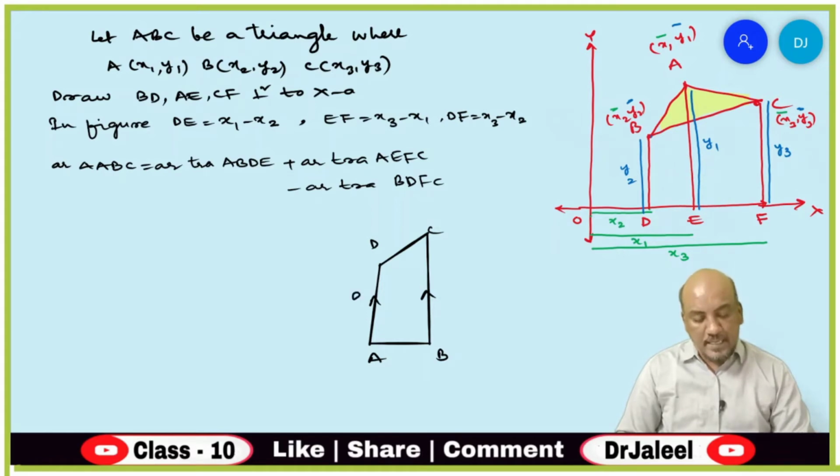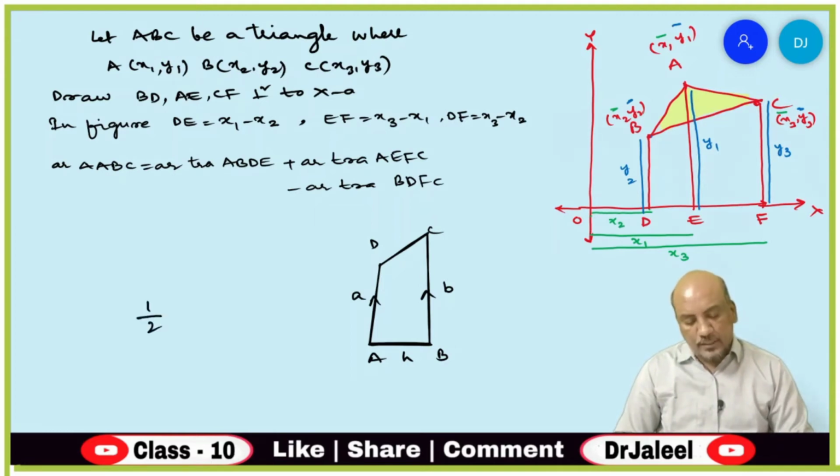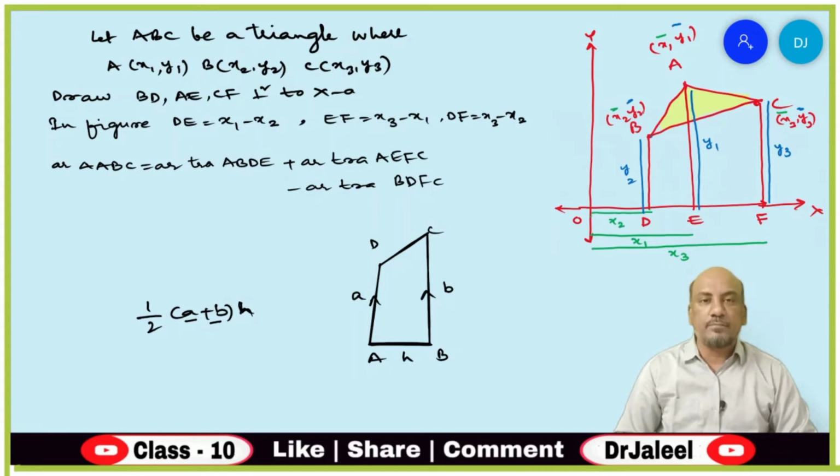These parallel sides can be taken as a and b, and the distance between these parallels is to be considered as h, the distance between the two parallel lines. So the formula is half into a plus b into h, meaning half into the sum of parallel sides into the distance between them.